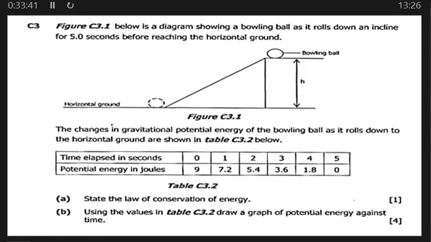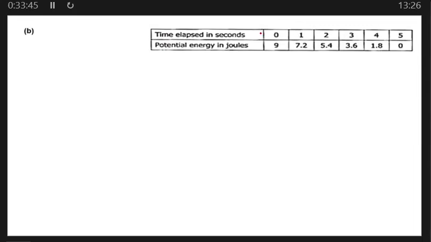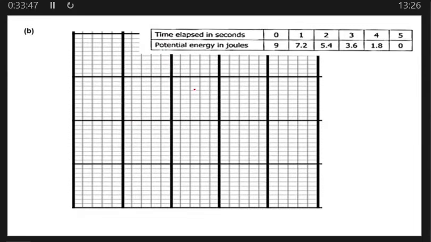So we'll answer it this way. We'll get our table of values, put it here, and then bring the graph here. Then make sure we label it potential energy versus time, meaning our vertical axis will be potential energy in joules.